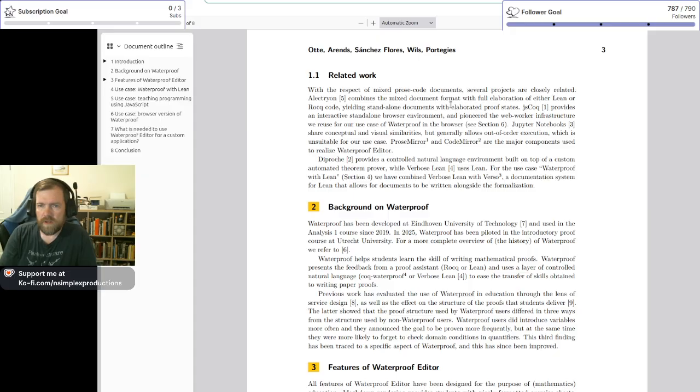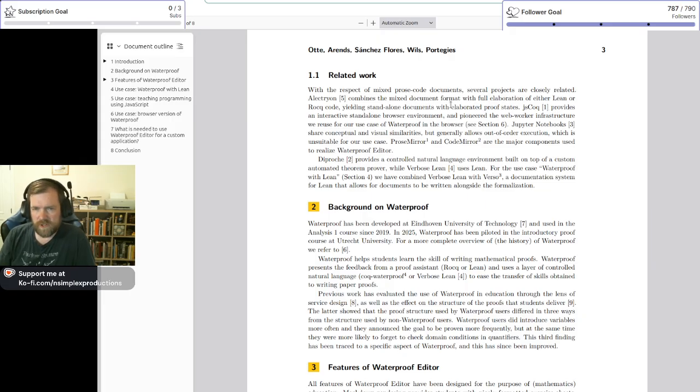Electron combines the mixed document format with full elaboration for either Lean or Rocq code, yielding standalone documents with elaborated proof states. JSCoq provides an interactive standalone browser environment and pioneered the web worker infrastructure we reuse for our use case of Waterproof in the browser.